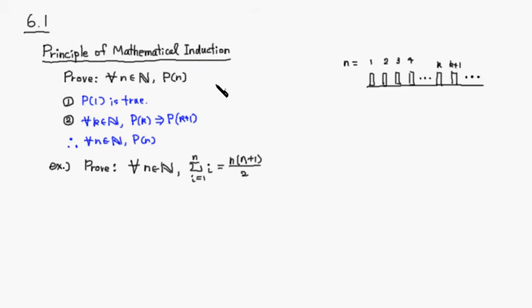So this is called mathematical induction, and the analogy is a domino effect. Think of a bunch of dominoes sitting in a line. Number one is to make sure that we can knock down the first domino. That's called the base step.